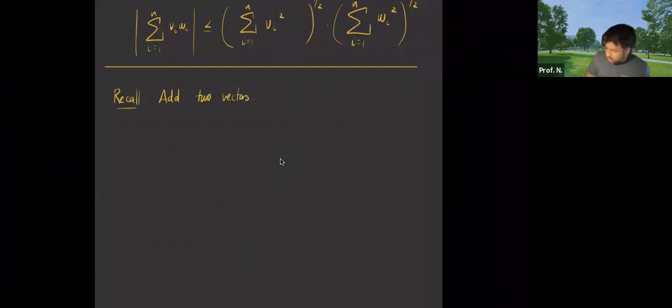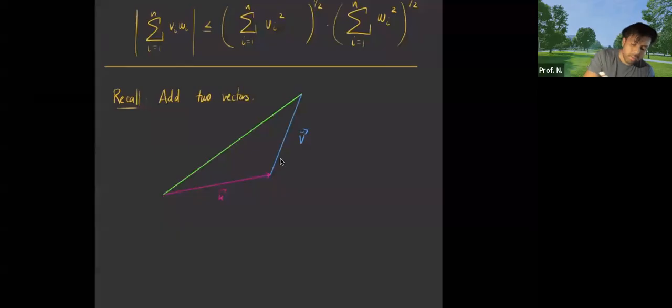So again, recall what happens when you add two vectors. So if I have, for example, a vector like this, I got U, I got V. So if I call this U and I call this V, I would call this U plus V. Right, adding two vectors.